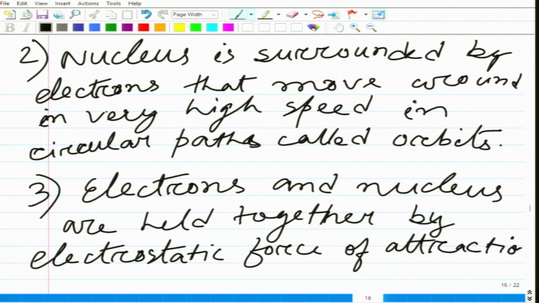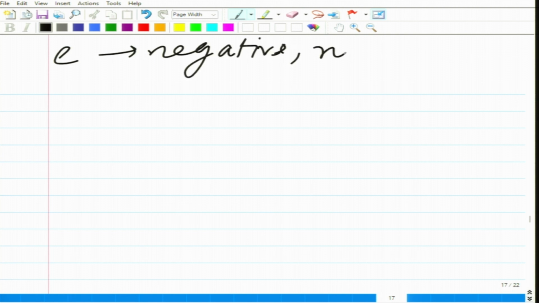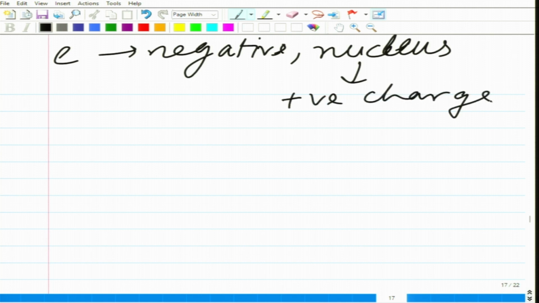Why? Because the electrons are negative, and the nucleus contains positive charge. So nucleus is positive. Nucleus contains the protons and neutrons. So, nucleus is a very small region in the atom.